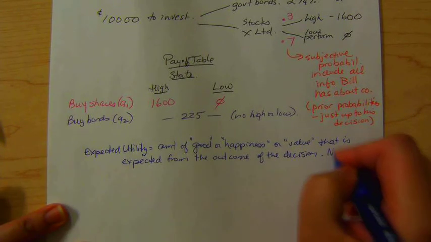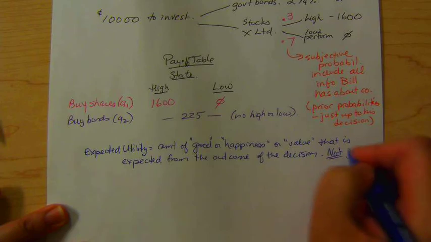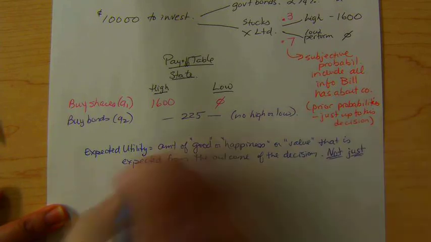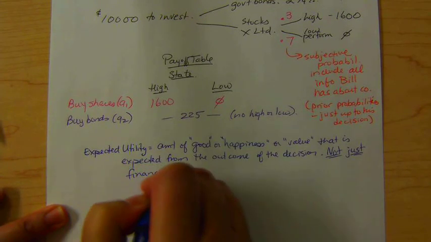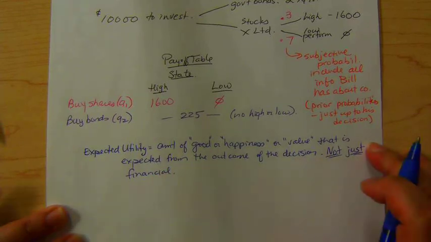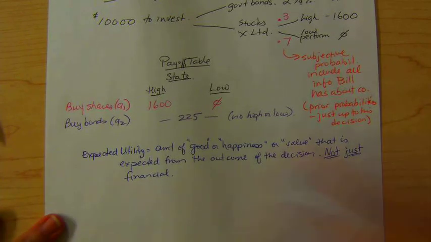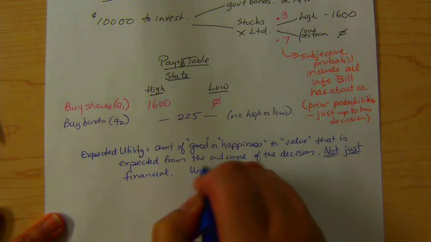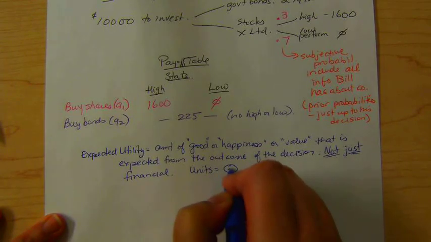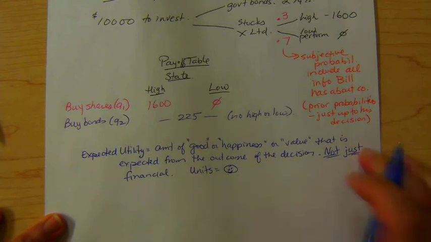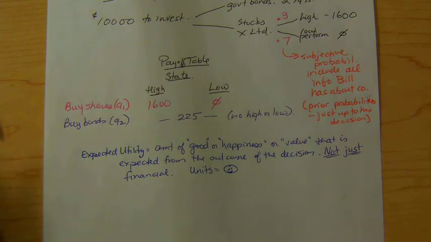And remember, it's not just financial. Because we're humans. So I like to think of utility as units of little happiness. That is a smiley face. You can't tell because I can't draw. Not even that.